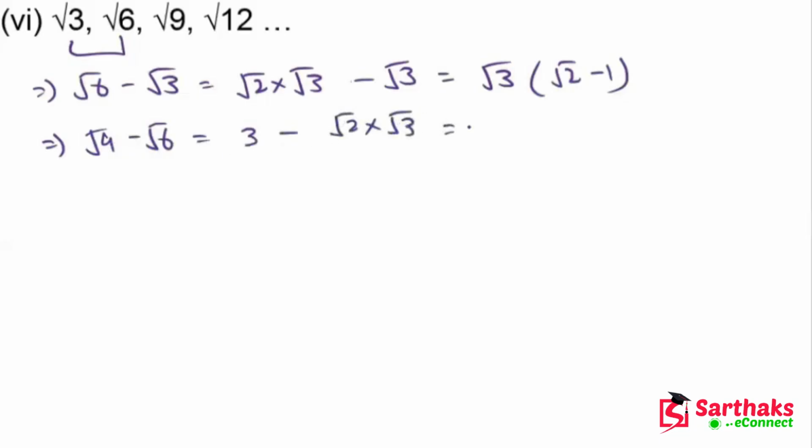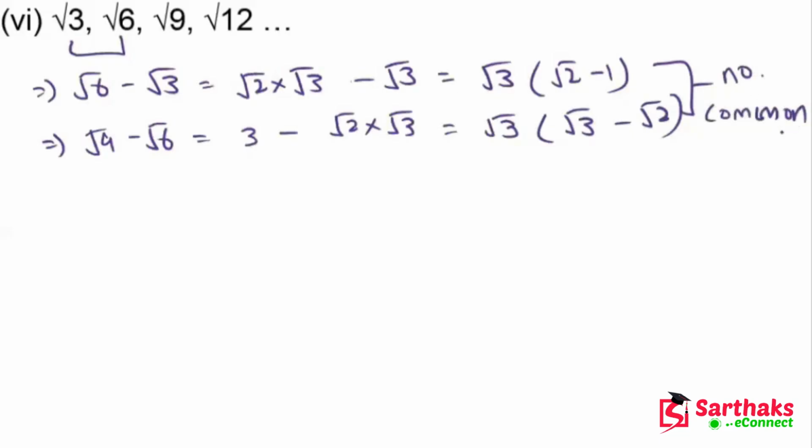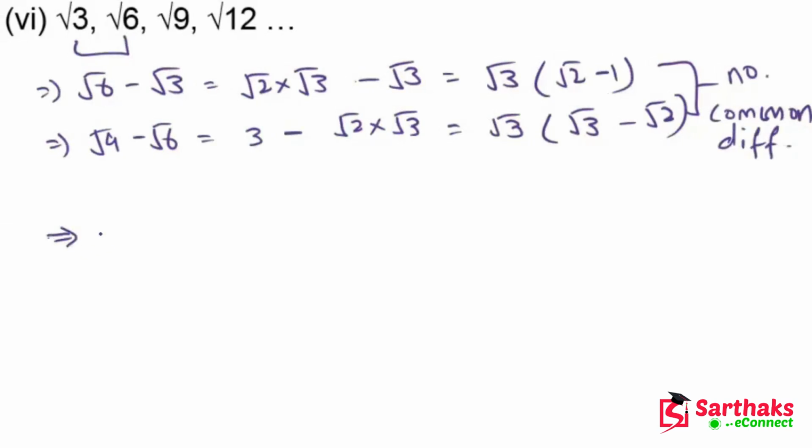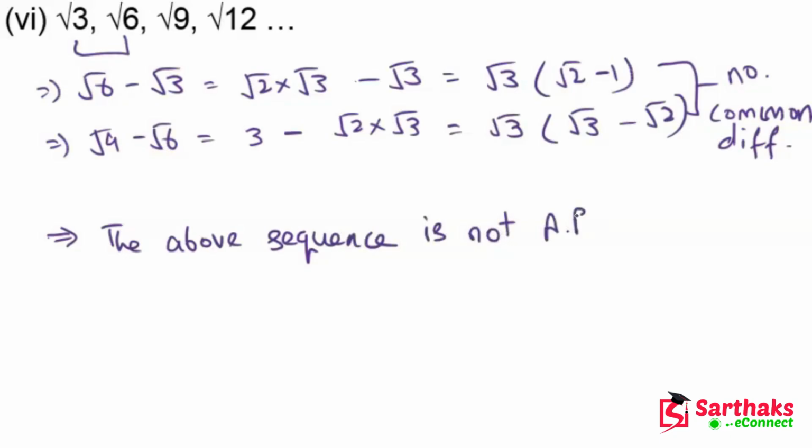If we take under root 3, we get under root 3 minus root 2. Now here we can see there is no common difference. So we can say that, my dear friends, the above sequence is not an AP. I hope you get this point.